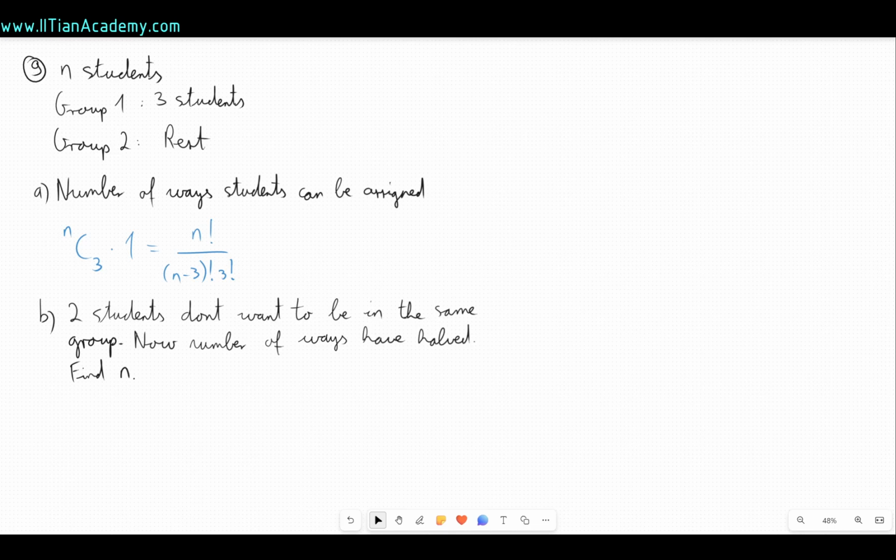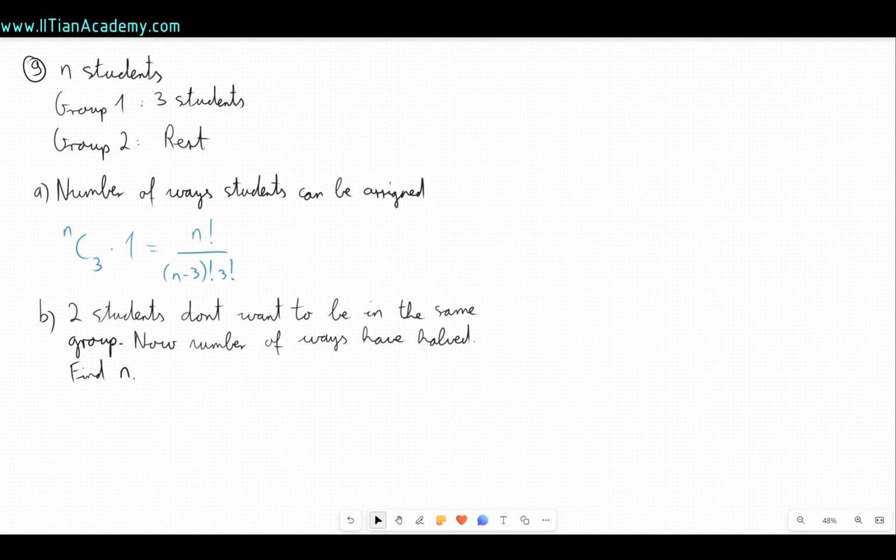So we can have two cases here. We can either have student 1 in group A and student 2 in group B, or we can have student 2 in group A and student 1 in group B. So let's look at the first case where student 1 is in group A, group 1, and student 2 is in group 2.